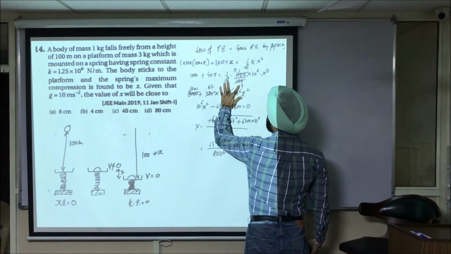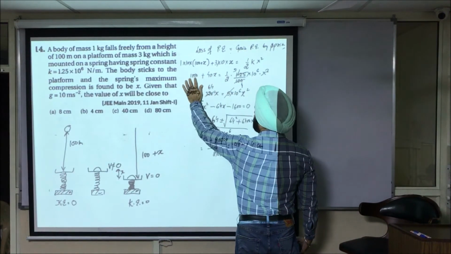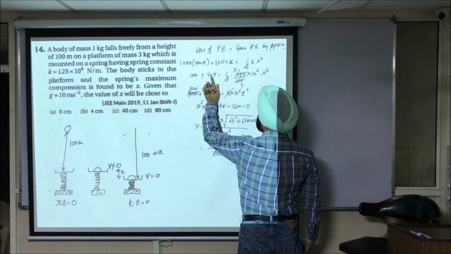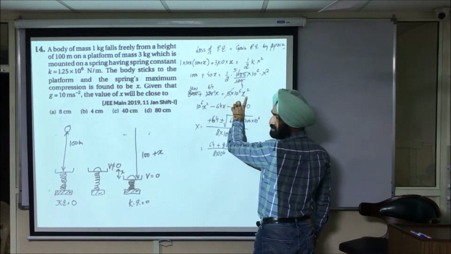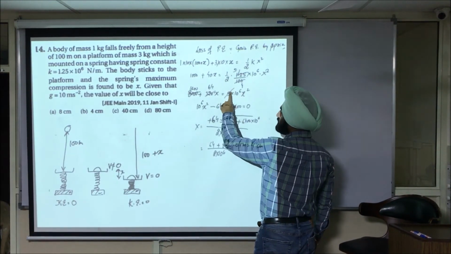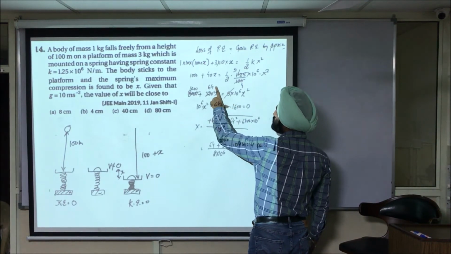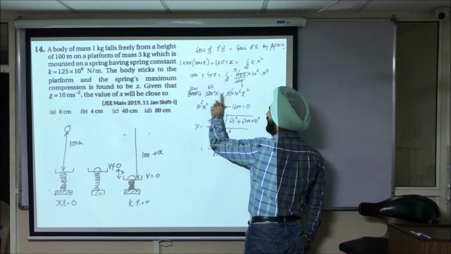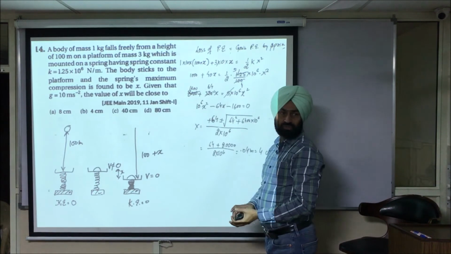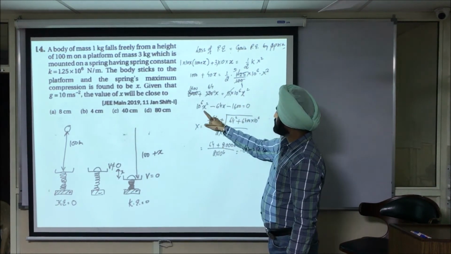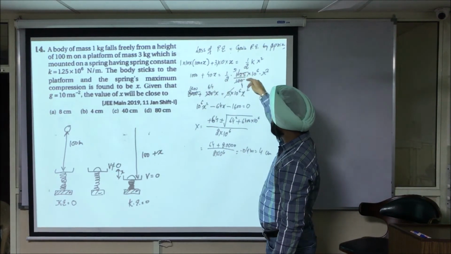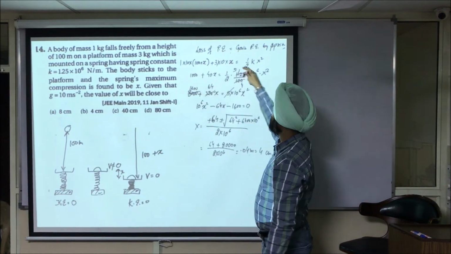I am taking the 8 to the other side: 8000, 320, and on the right hand side 5 into 10 power 6, 5 may be cancelled, 5 into 64 is 320, 5 into 1600 is 8000. So you have got a quadratic: 10 power 6 x square minus 64x minus 1600.